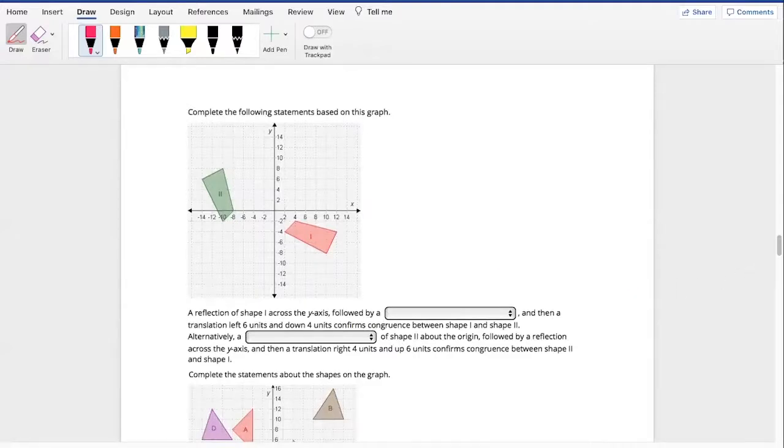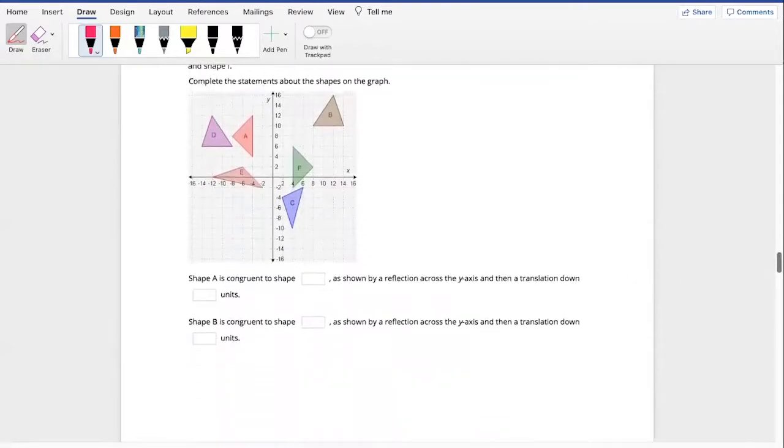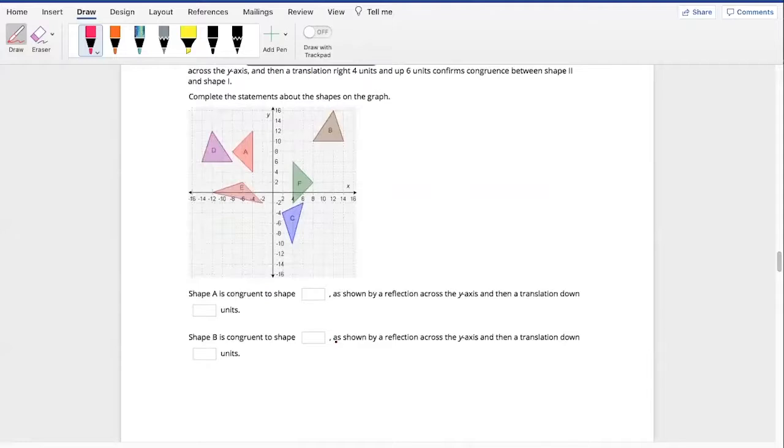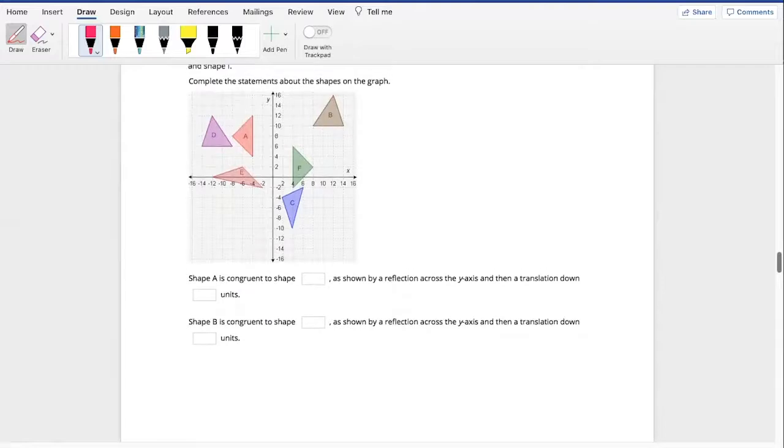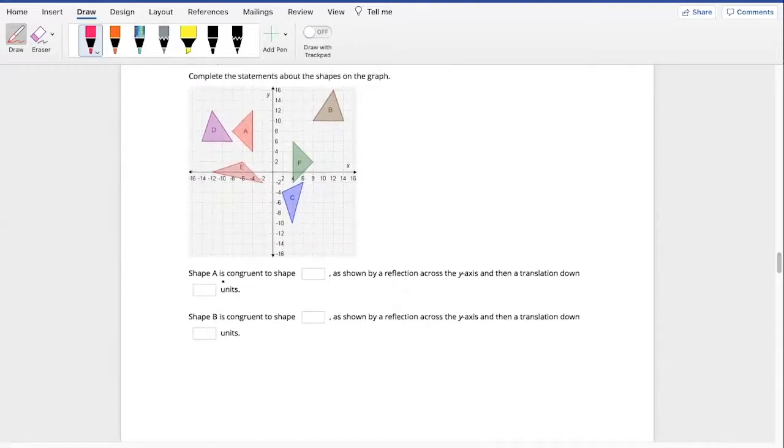All right, we're going to jump to this one here. So let's take a look. This one says, shape A is congruent to which shape, as shown by a reflection across the y-axis and then a translation down. So from here, which one looks like it's a reflection and then move down?